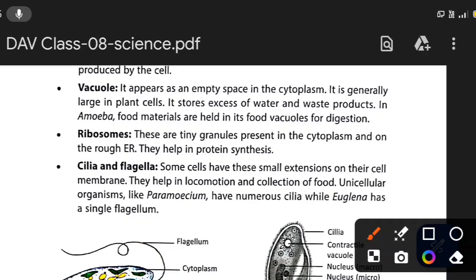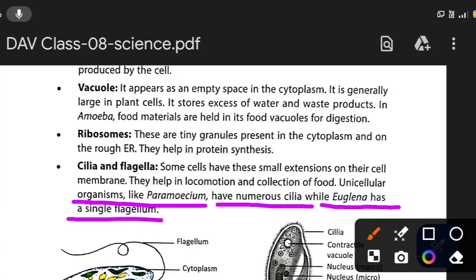Unicellular organisms like Paramecium have numerous cilia, while Euglena has a single flagellum. Okay, cilia and flagella. Why are these two terms? Because they have the same function, but their appearance is a little bit different.